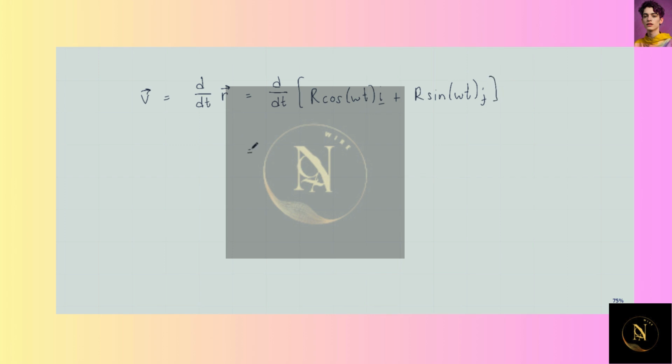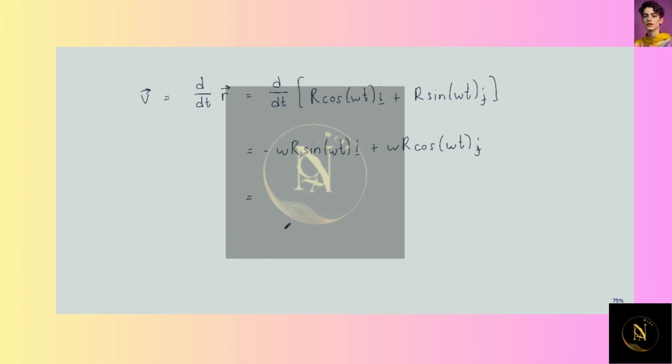So performing this derivative, we get this to be minus omega r sine omega t i plus omega r cosine omega t times j.